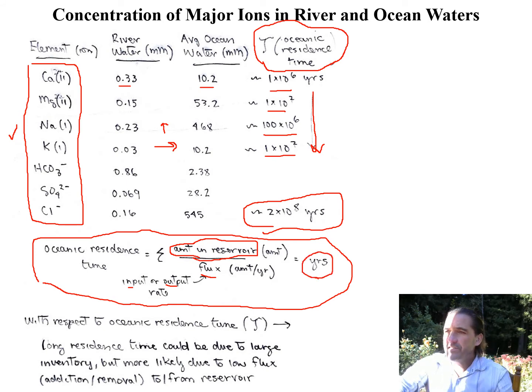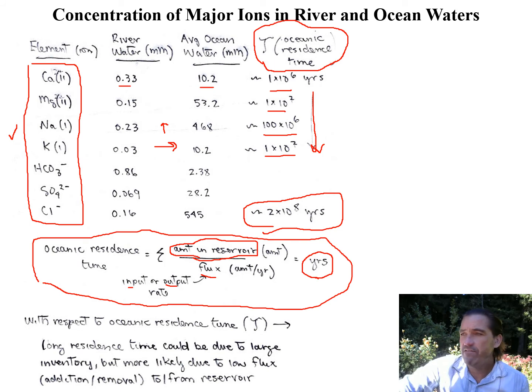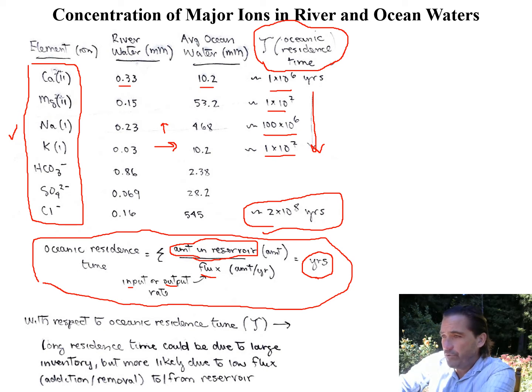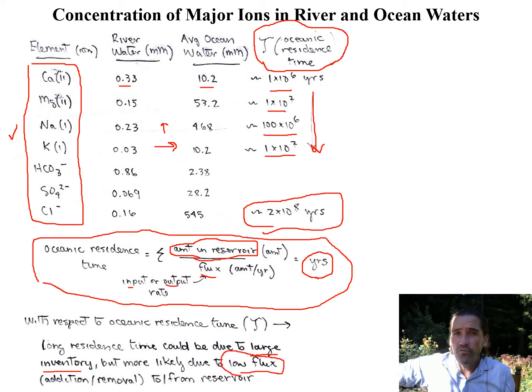And so the reason, again, that these elements have such a long residence time within the ocean, we could say it's due to the fact that there's so much of these elements within the ocean. But really, what's actually happening here is that these elements have such a low flux.